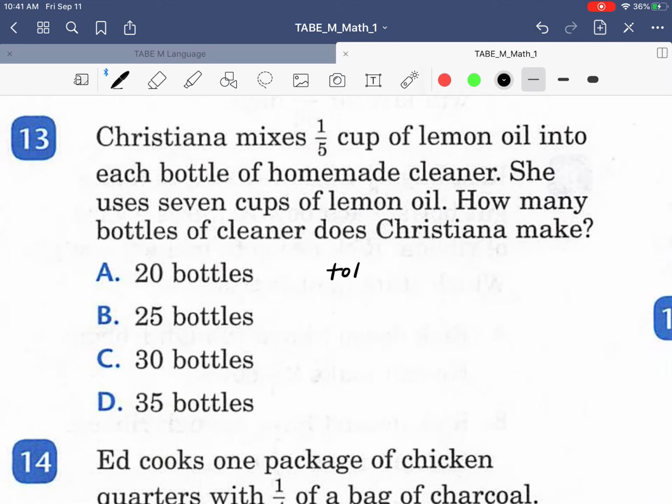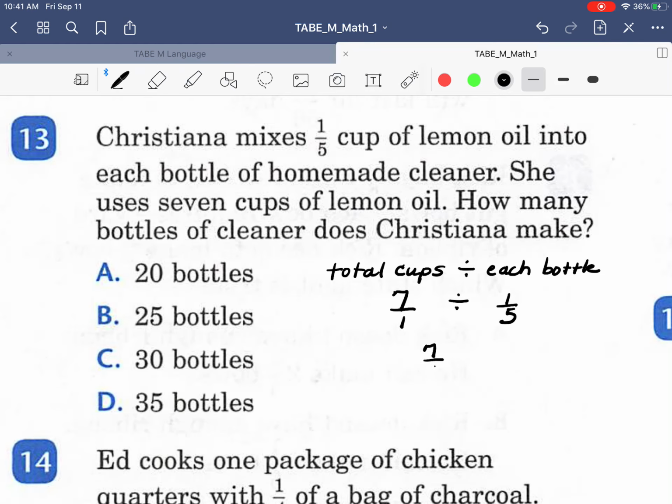Well, we want to know the total cups of lemon oil, and then the amount of lemon oil in each bottle. So we have 7 cups of the oil, and each bottle only needs 1/5 of a cup.